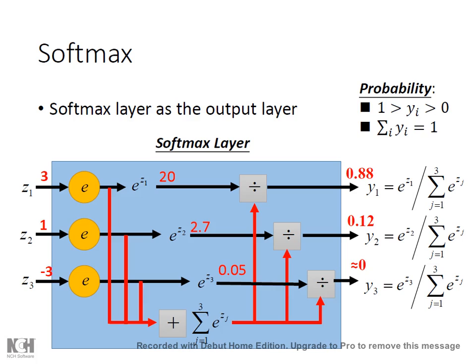In this example, the output here is 20, this one is 2.7, and this one is 0.05. Their summation is not 1. But we just sum all of them together, and you can see the sum will be 22.75.